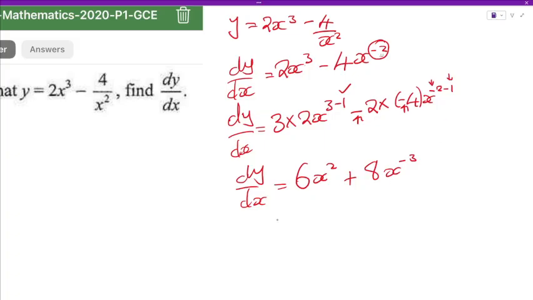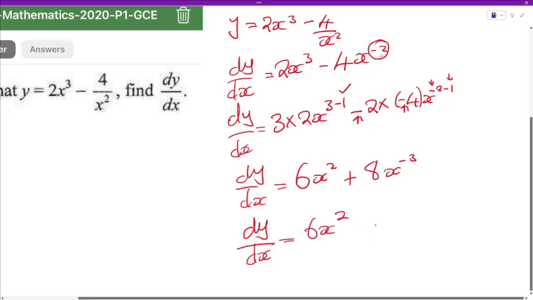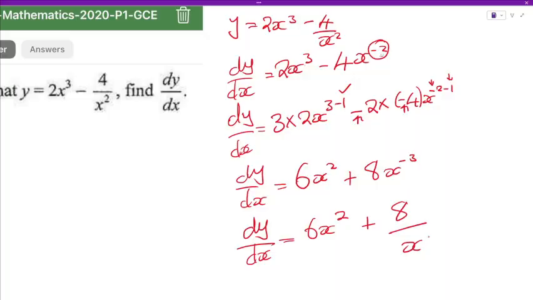Okay, we're done differentiating, but your final answer should be expressed using positive indices. So this 8x to the power negative 3, we need to express it as a positive index. How do you do that? The easiest is simply say 8, your x goes down here as your denominator, and then the power becomes a positive, just like we did with the one up there.